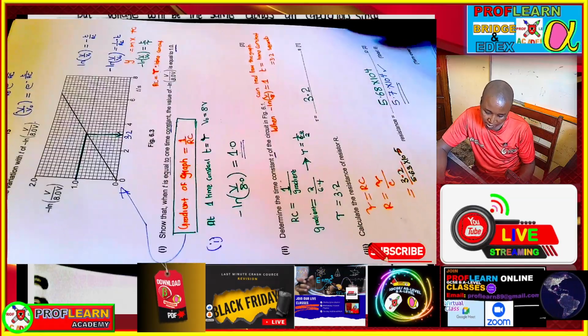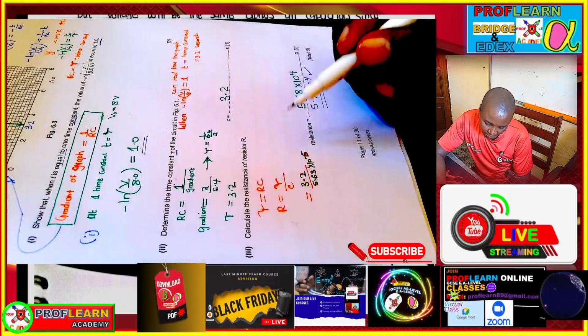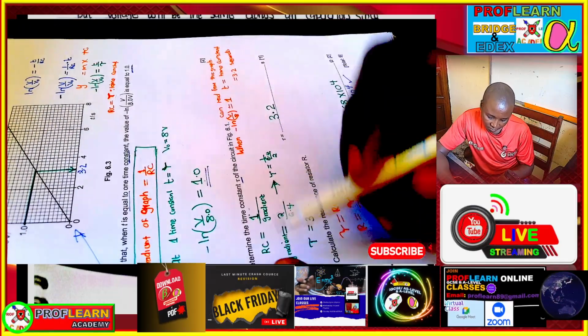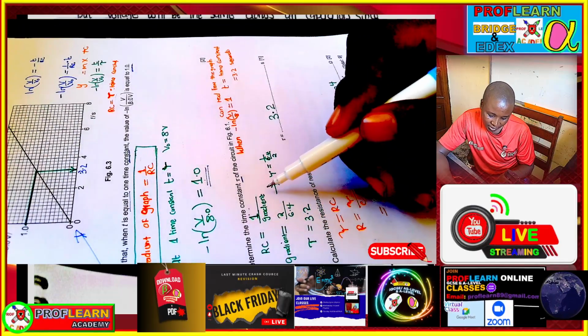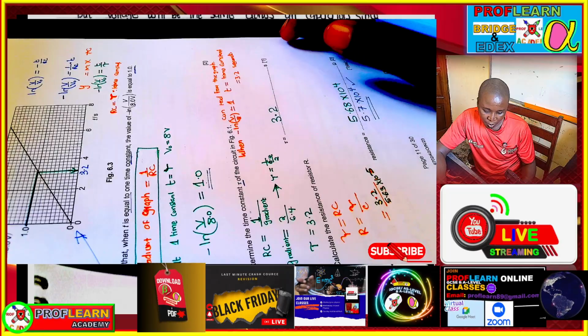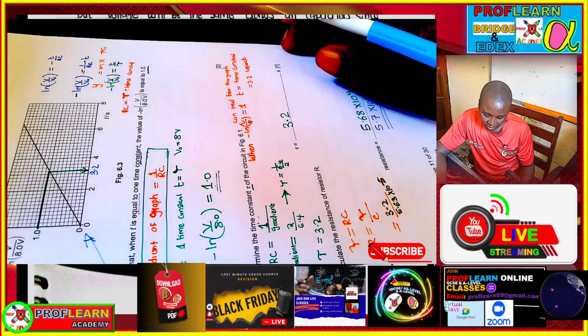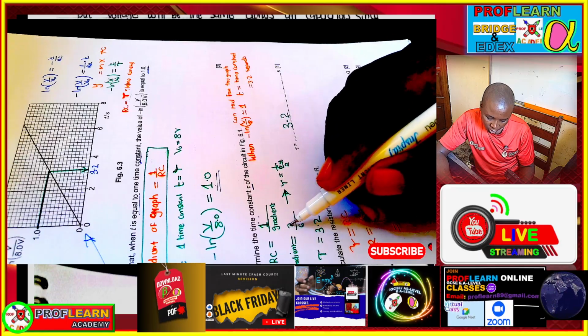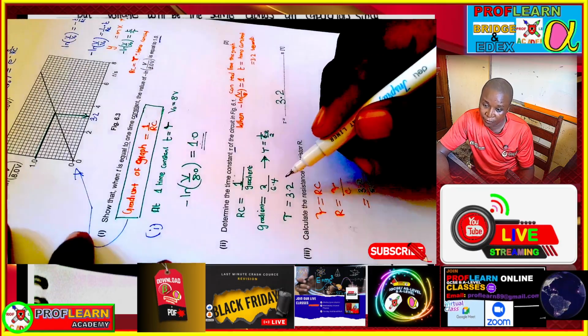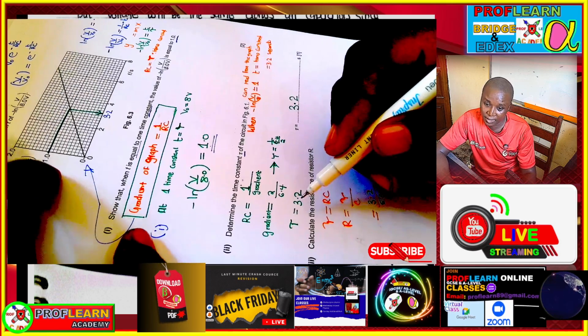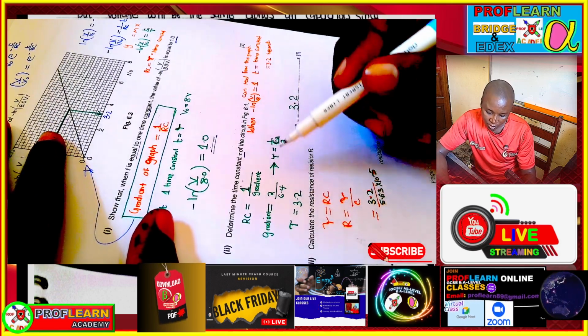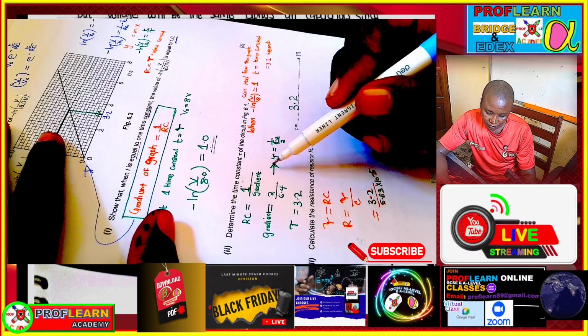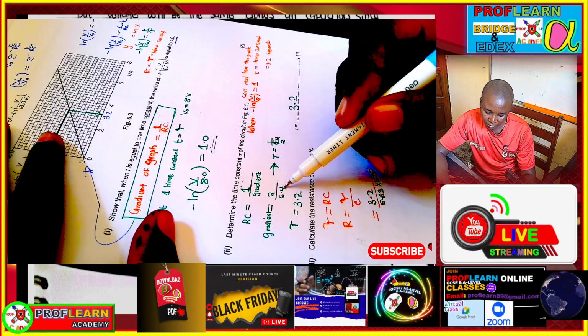However, you can say time constant is equal to 1 over the gradient. And if you work out this particular gradient, you are going to get the gradient is equal to 2 over 6.4. If you find the gradient of this particular line that we are having here, you are going to get 2 over 6.4.